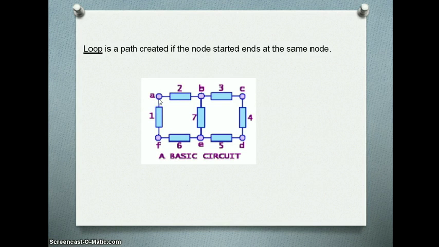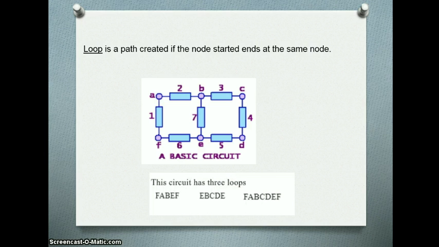The only condition is the starting node and the ending node will have to be the same. So in this example, there are 3 loops.